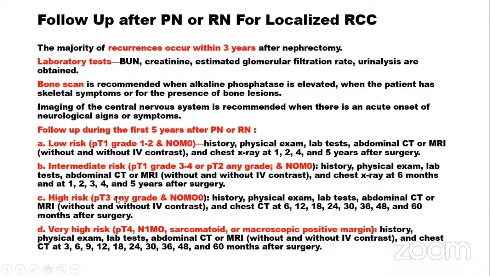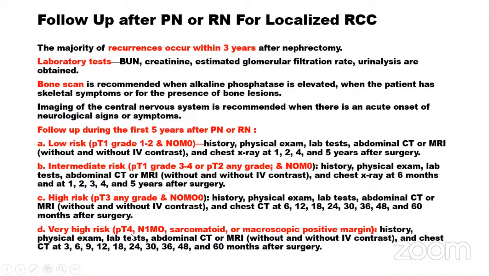And for high risk, this is pT3 any grade, N0, M0: history, examination, lab test, abdominal CT or MRI with or without contrast, and chest CT at 6, 12, 18, 24, 30, 36, 48, and 60 months after surgery.